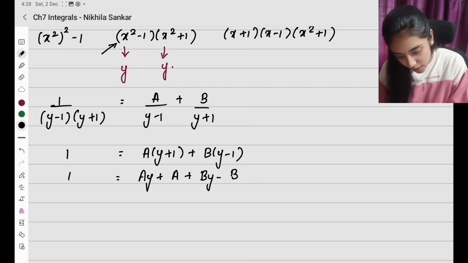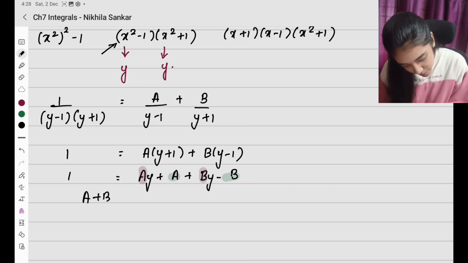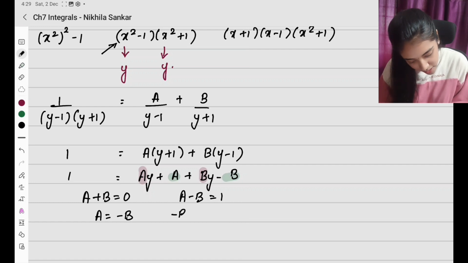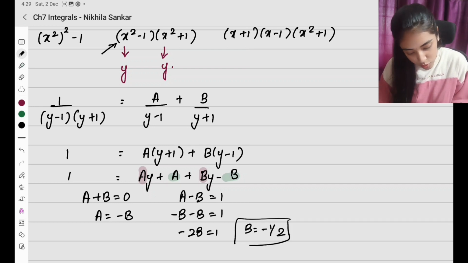Now clubbing the y terms: a plus b, and the constant is a minus b. So I have a plus b equals 0, and a minus b equals 1. I know that a equals minus b. So I have minus 2b equals 1. b equals minus 1 divided by 2. So a equals 1 by 2 because it's minus b.